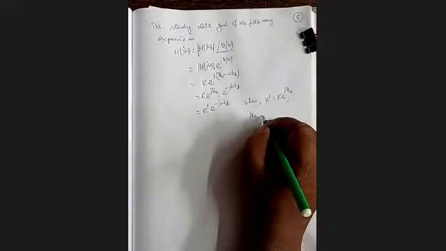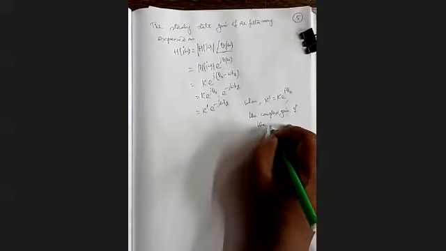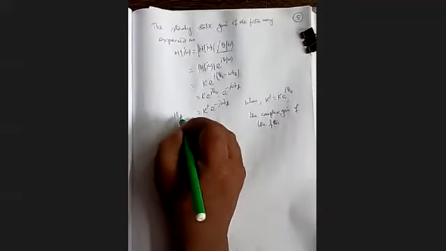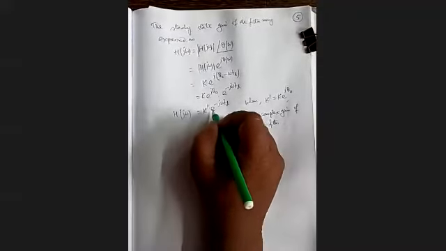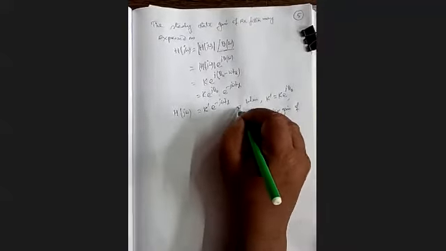It is the complex gain of the filter, because of j. So H(jω) equals K' e^(-jω td). It is relation 8.